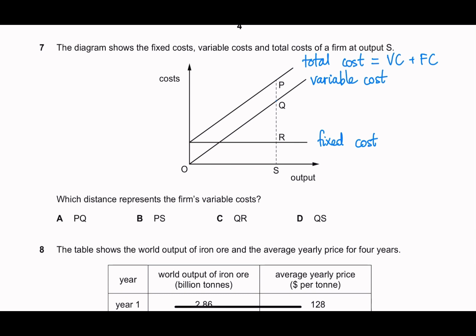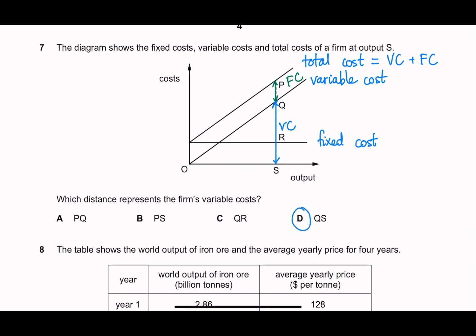So the variable cost would be from here to here, which is the QS distance, which is on the variable cost line, the Q. So then the PQ distance would be the fixed cost, where you added that to calculate the total cost. So QS would be the variable cost, and PQ would be the fixed cost. So then the variable cost would be QS.